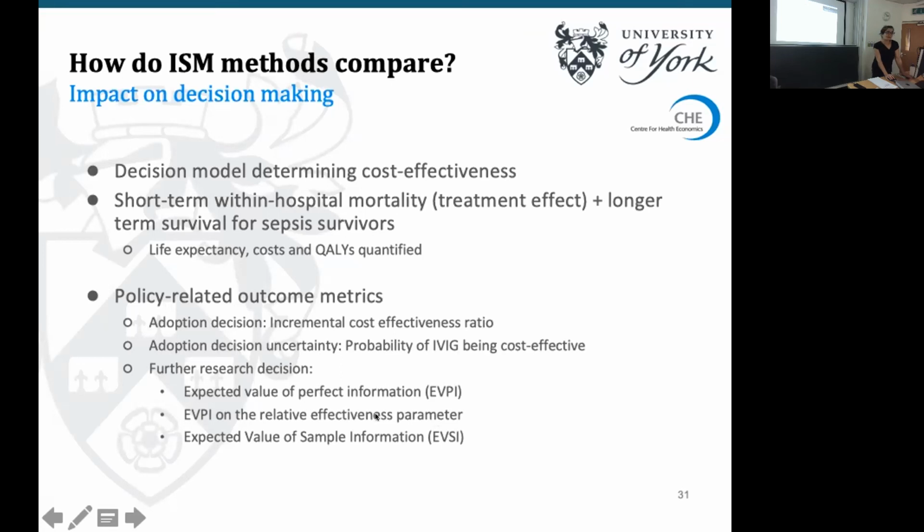So I'm going to be brief on these, hoping most of you will have heard of these, but if not, it just quantifies the expected value of a wrong decision based on some loss function, which is given by the cost effectiveness model anyway. So it's quite straightforward to compute.